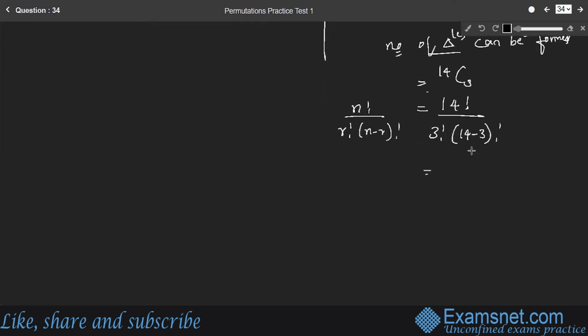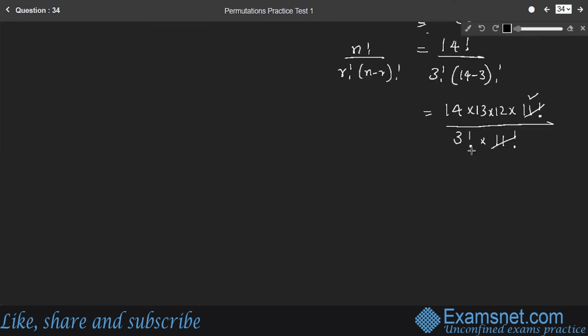So 14 factorial is 14 into 13 into 12 into 11 factorial, and it continues up to 1, right? Therefore, I'll stop here, up to 11 factorial, by 3 factorial into 11 factorial. 14 minus 3 is 11. Therefore, we can cancel 11 factorial, 11 factorial. And we have 3 factorial, which is nothing but 6, right?